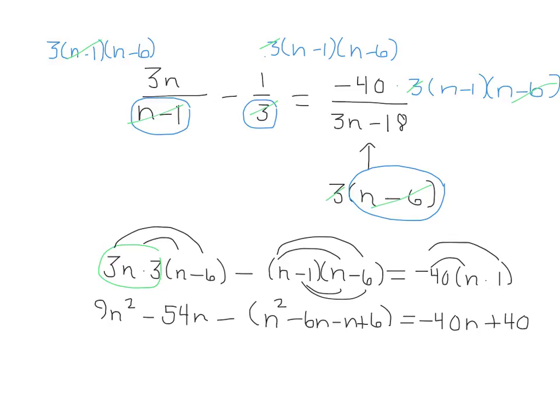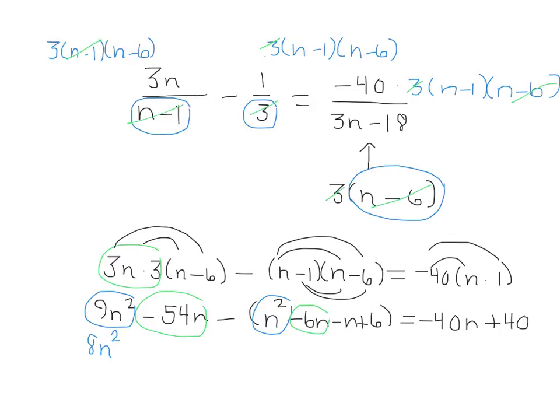All right, now my like terms. 9n squared minus 1n squared is 8n squared. Negative 54n minus negative 6n is the same as negative 54n plus 6n.